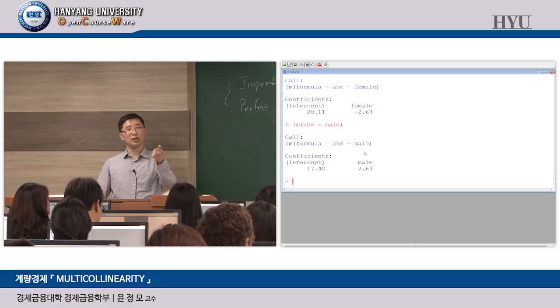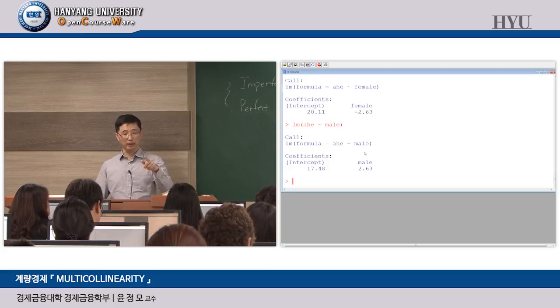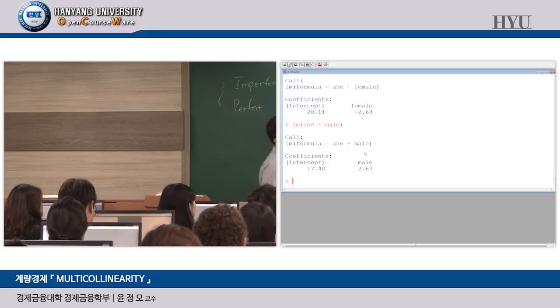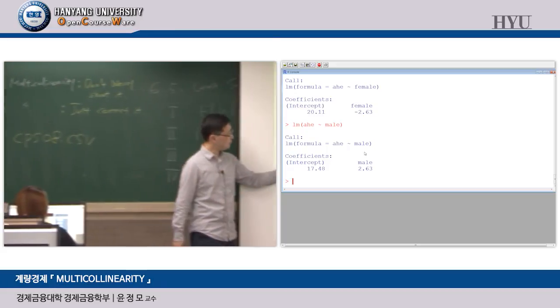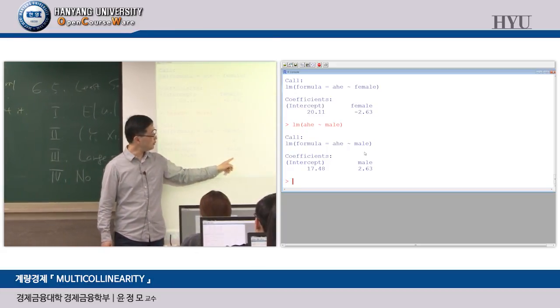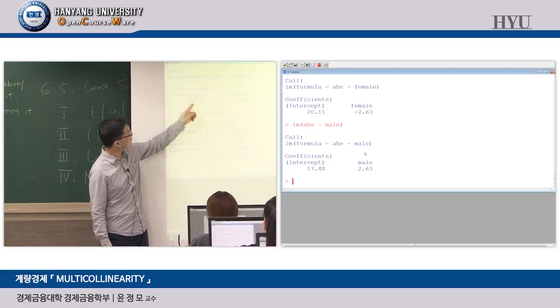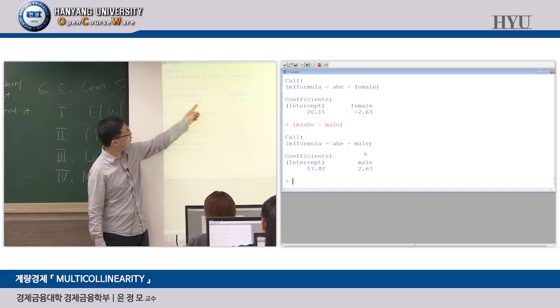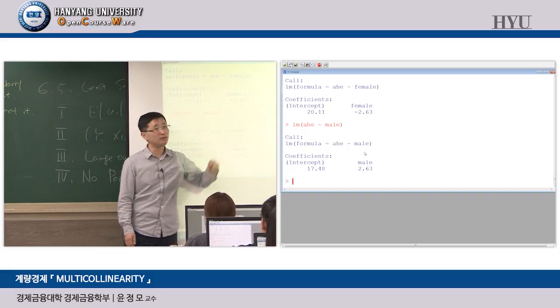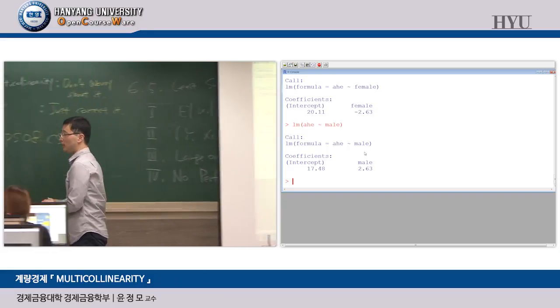So we basically change the baseline group, right? In the first regression, the male is the baseline, so this is the average wages of male, and this is the difference between female and male. In the second regression, the female is the baseline, and this is the average female wages, and this is the difference between male and female.